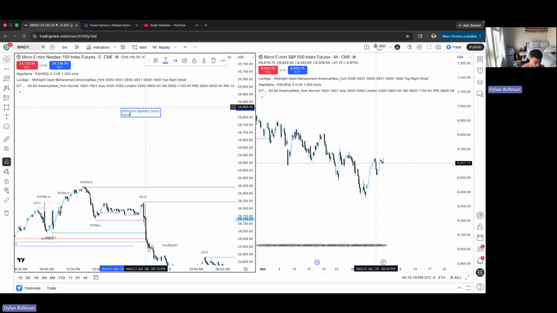So we have equal highs and lows in the market, very strong draws in liquidity. We have data highs and lows, and then more recently we have Trump tweet highs and lows.